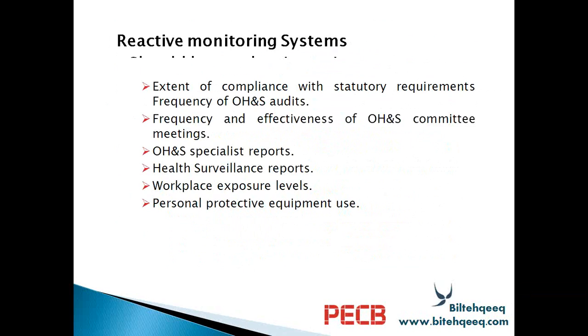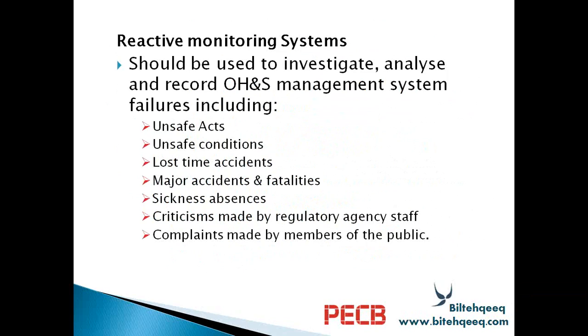And there are also some examples of reactive monitoring systems. Reactive monitoring systems should be used to investigate, analyze, and record occupational health and safety management system failures, including unsafe conditions, lost time accidents, major accidents and fatalities, sickness absence, criticism made by regulatory agency staff, and complaints made by members of the public.